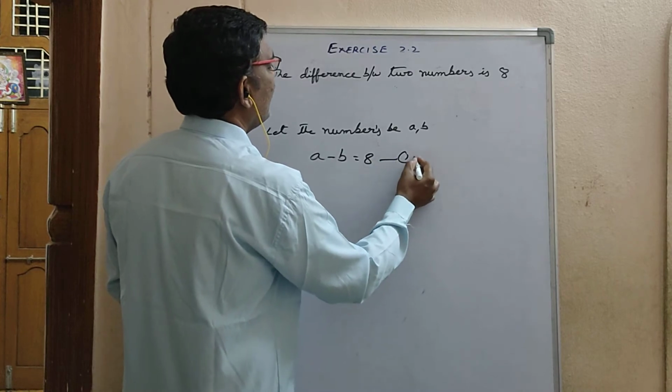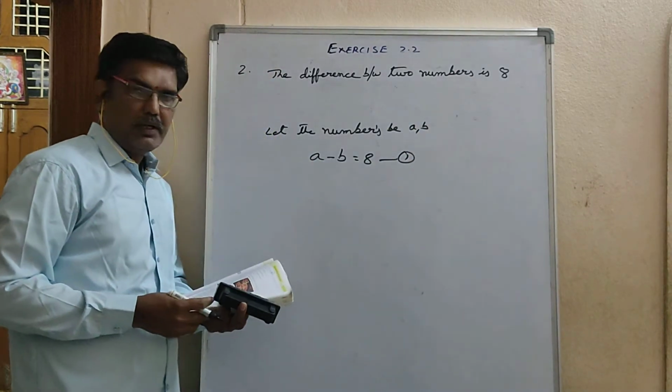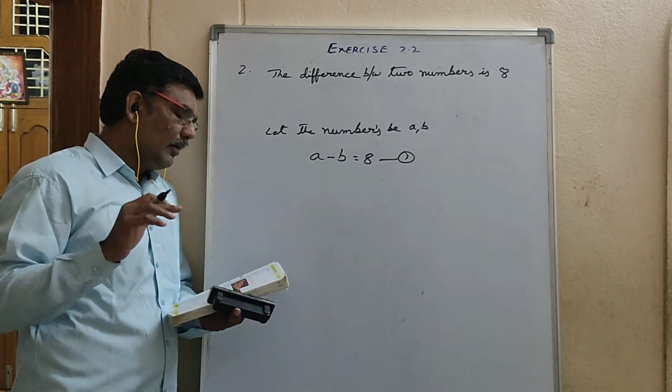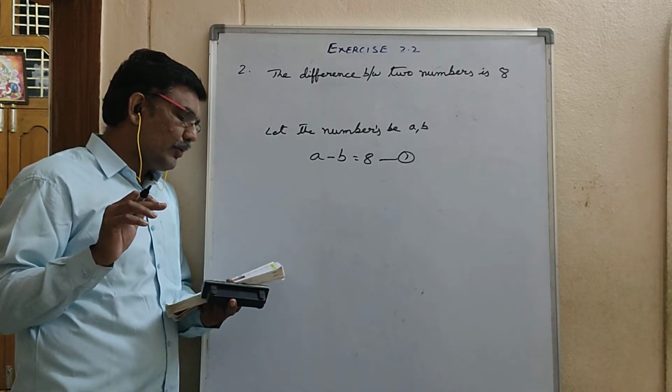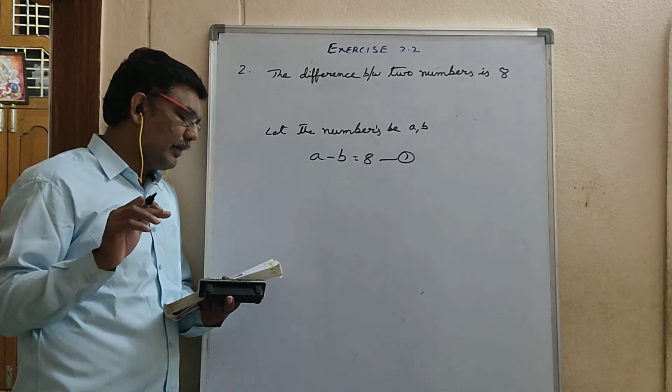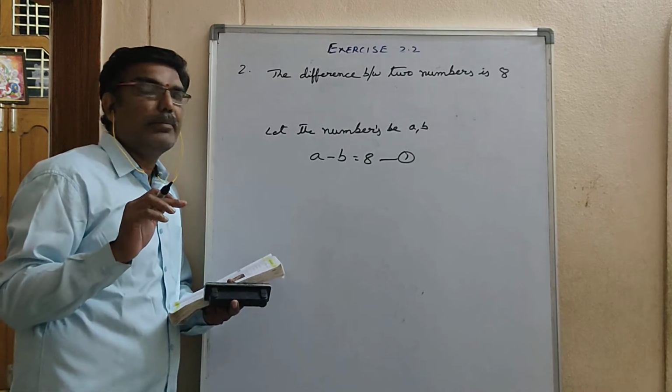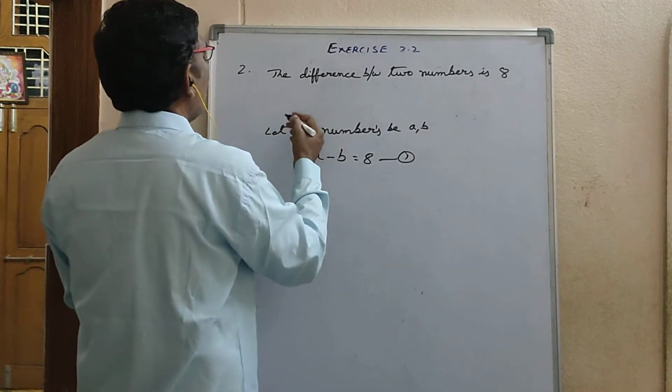What difference you got here? A minus b is equal to 8. Difference of two numbers is 8. If 2 is added to the bigger number, the result will be 3 times the smaller number. So here, one more condition.